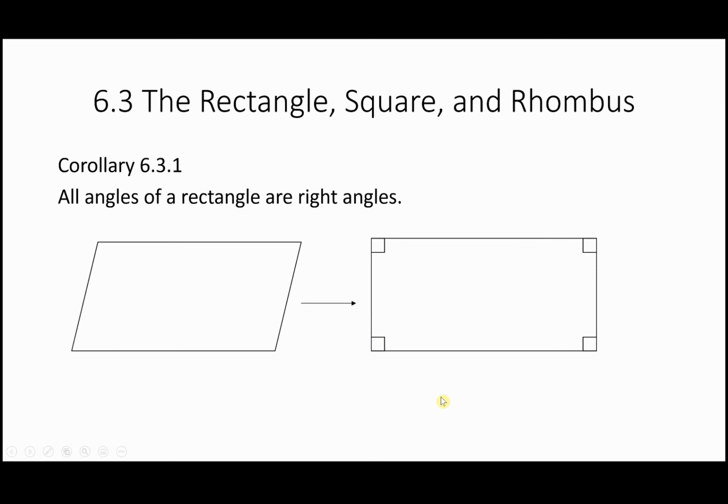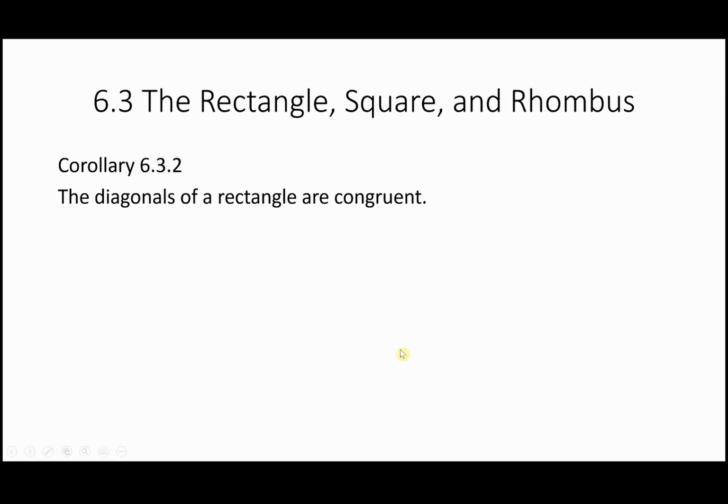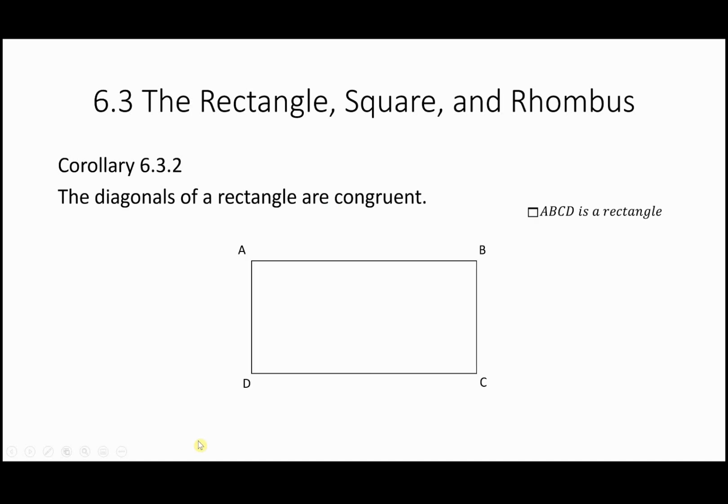Okay, so then furthermore, what can we conclude about rectangles? Well, it turns out that their diagonals are congruent. If you recall, there was a theorem in one of the previous sections concerning parallelograms in which the diagonals were comparable according to the opposite angle they were connected with. If the opposite angle was the obtuse angle, then it would be the longer diagonal, and if it was opposite the acute angle, then it would be the shorter diagonal.